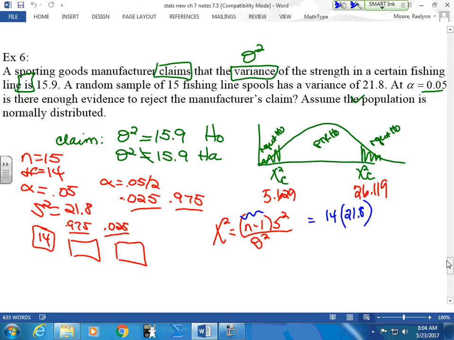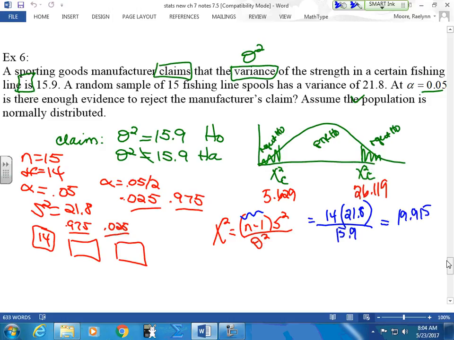No, because it's already my S squared. Then I take my population variance that comes from my statement. If it was my standard deviation, then yes, I would square it. But it's my variance, I do not have to square it. Put it in your calculator just like you read it: 14 times 21.8 divided by 15.9, and you get 19.915.